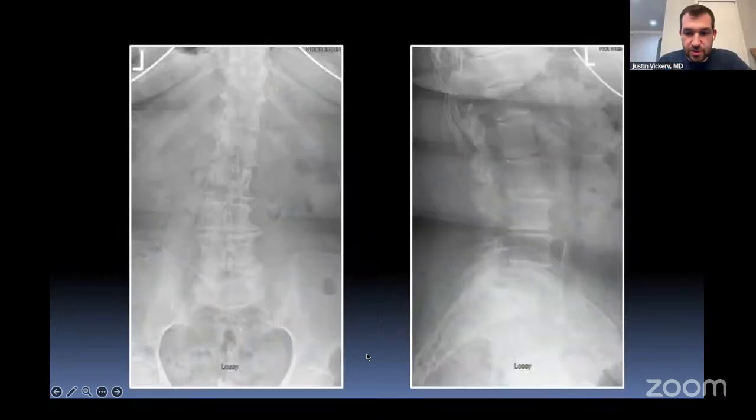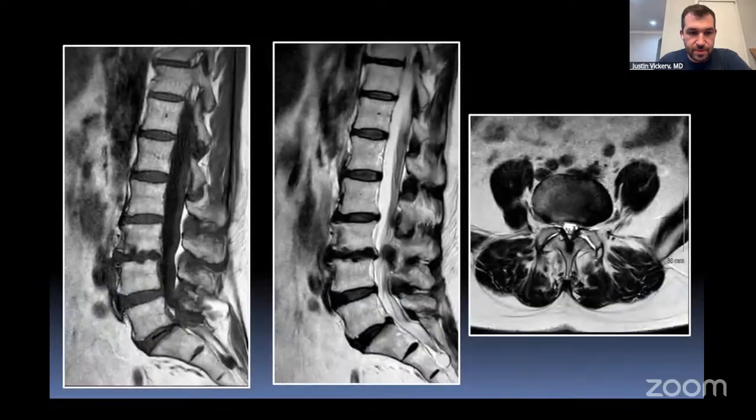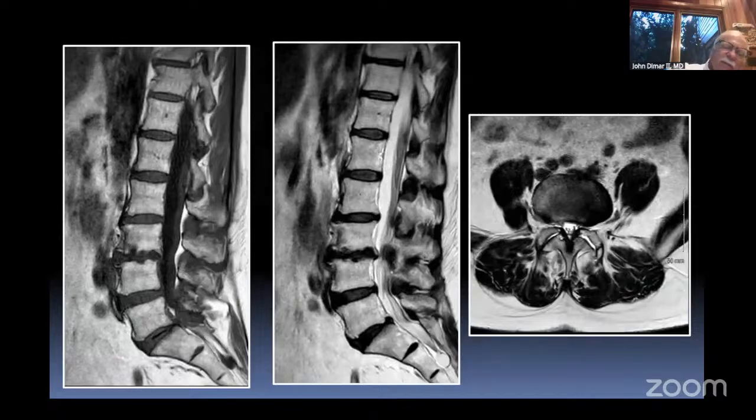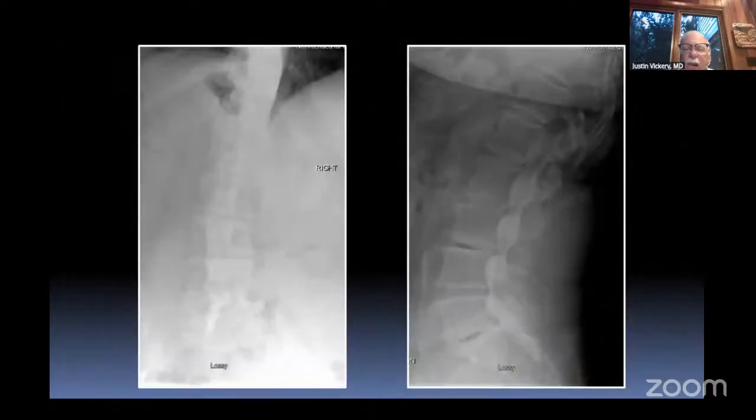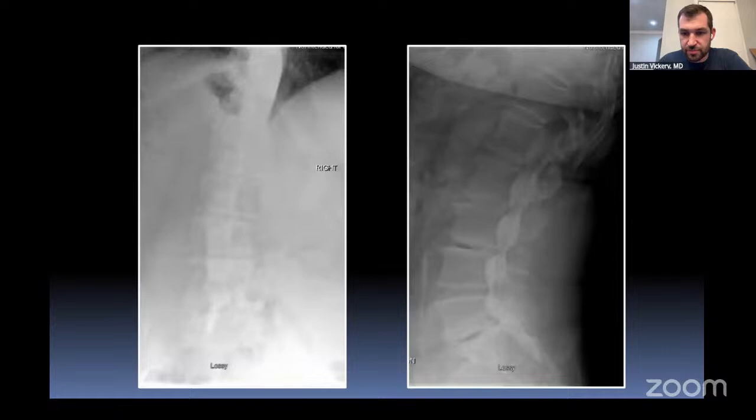Here are her preoperative standing x-rays. You can see the spondylosis mostly at L5-S1 with the anterior listhesis. This is her MRI. She did get a CT myelogram as well.